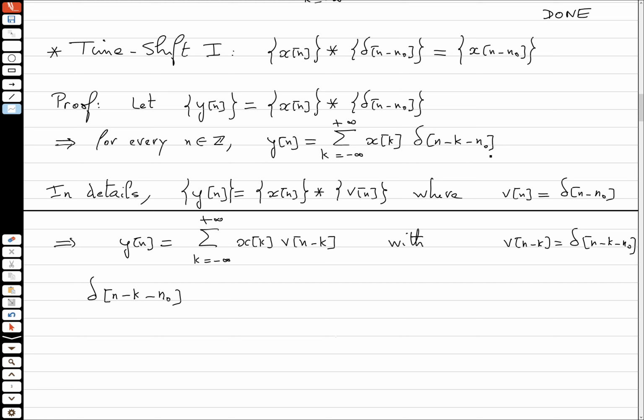You get this. But we know that this is going to be 0 or 1. But the goal is to find for which k this is going to be 0 and for which k this is going to be 1. So to help you, I'm going to write something genius.